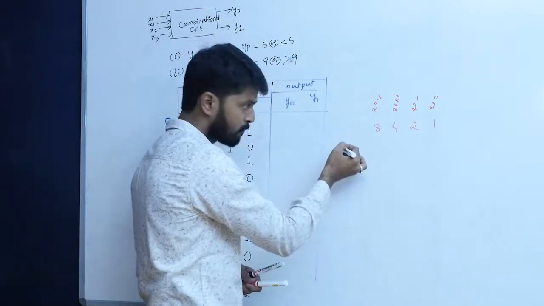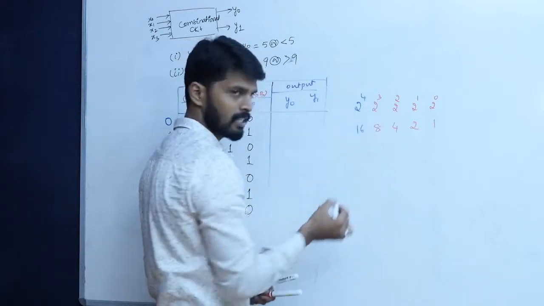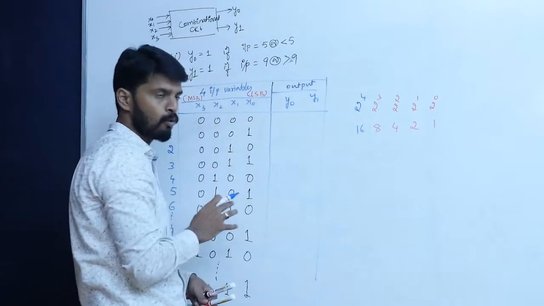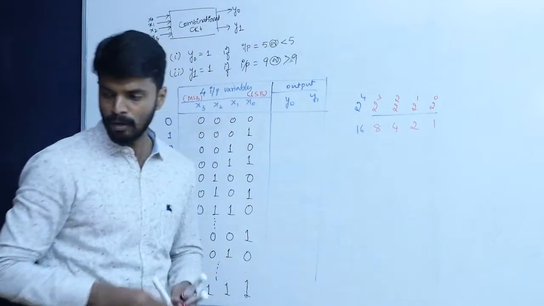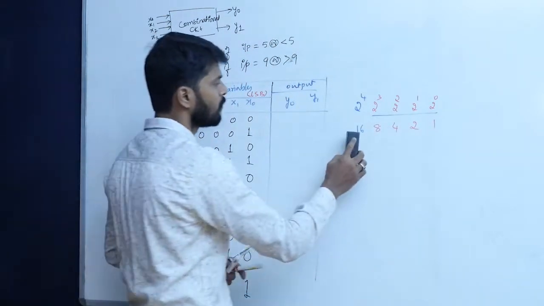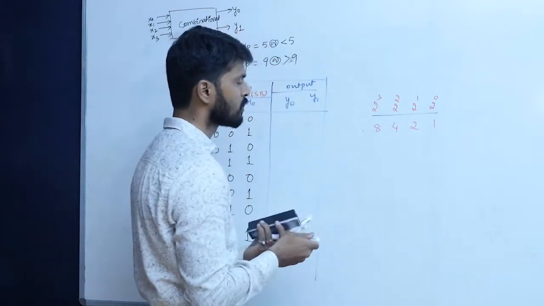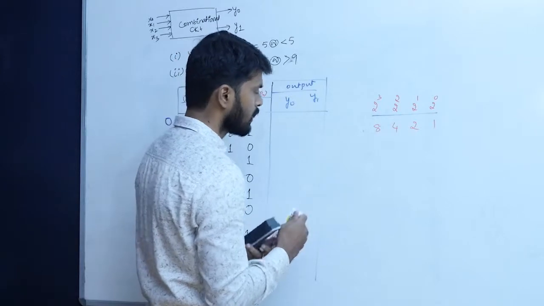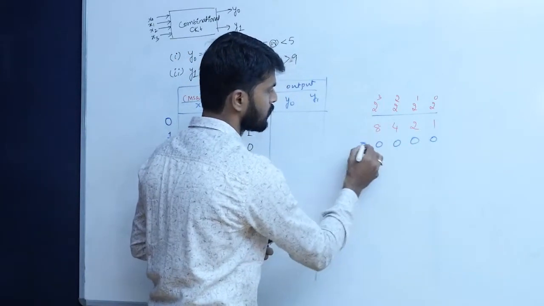If it is 5 bits, then it will be 2 to the power of 4, which gives 16. But according to my scope, 4 bits is more than enough. For example, if I want to represent 0, I make each and every bit 0, so the weightage is 0.